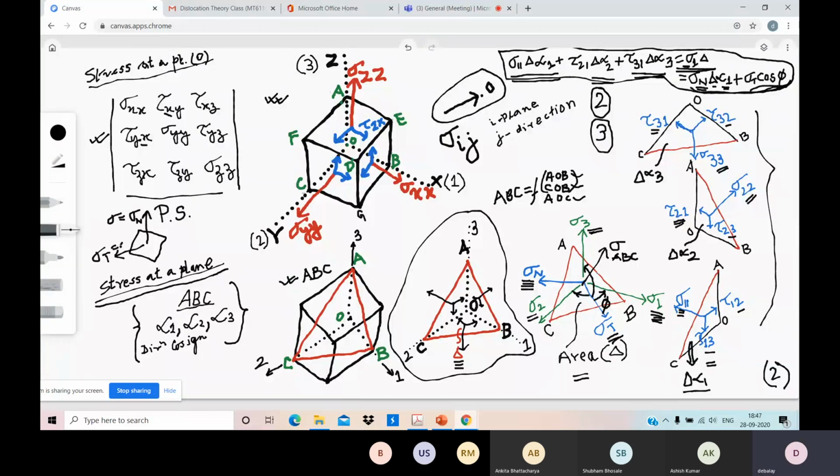So on the principal plane, as it is called, the stress that is acting is fully normal stress and there is no shear stress. Very important consideration. For example, when we do a tension test, suppose I consider a uniaxial tension test. This is my specimen.